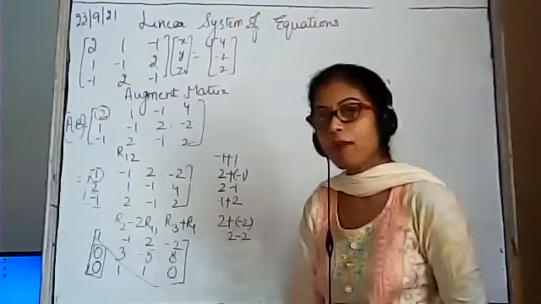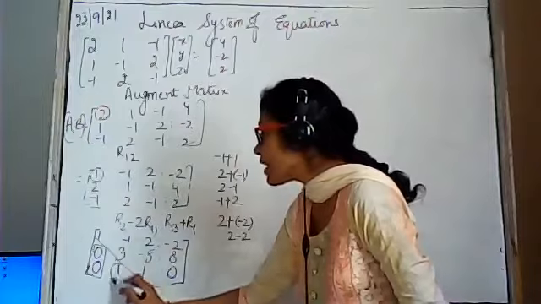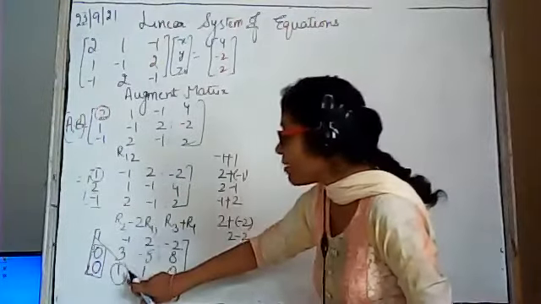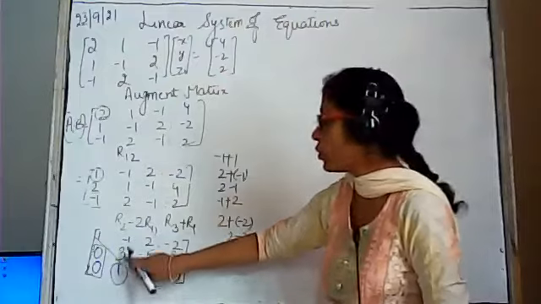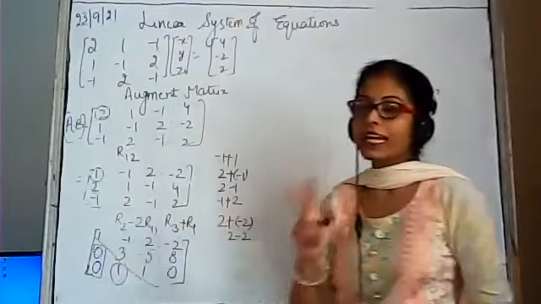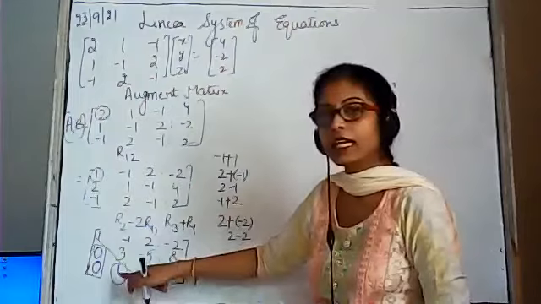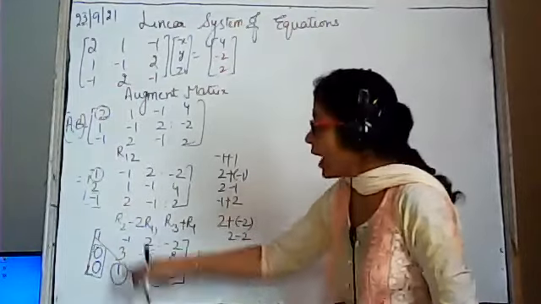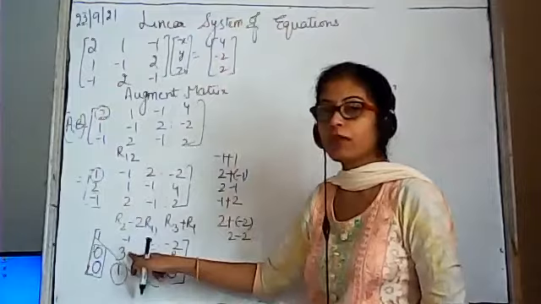Now to make the upper triangular form, it means we have to make this element 0. Now we will make this element 0 using row number 2. Second step, we are to make this element 0 using row number 2.